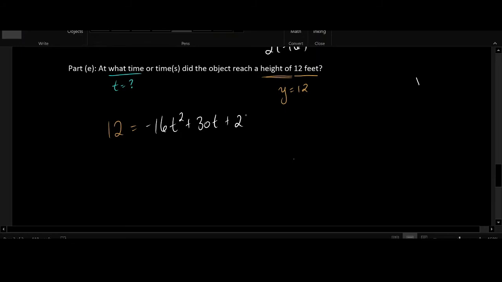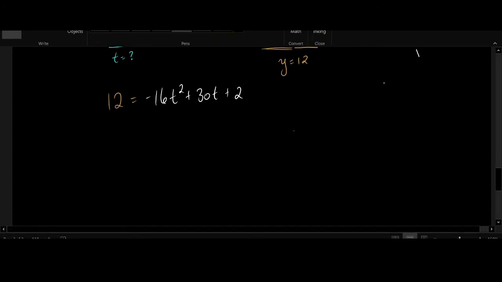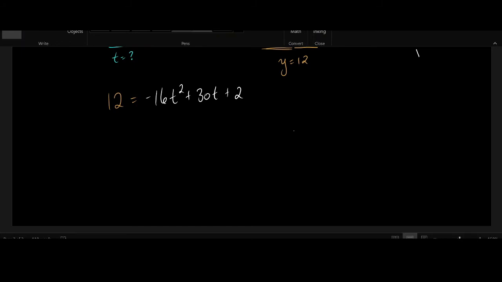Now once again, I have a quadratic equation in standard form, which means that it will probably be very nice for us to use the quadratic formula. But in order to use the quadratic formula, we need to start by making sure that one side of the equation is equal to 0. And currently we have 12 on the far left, not 0.